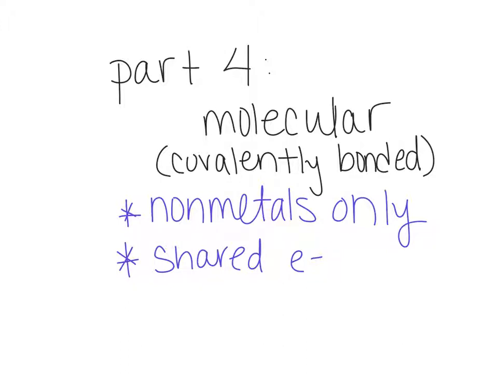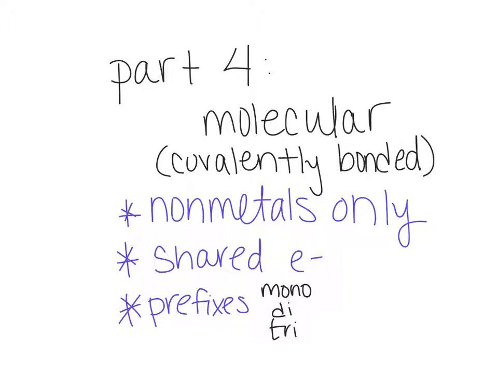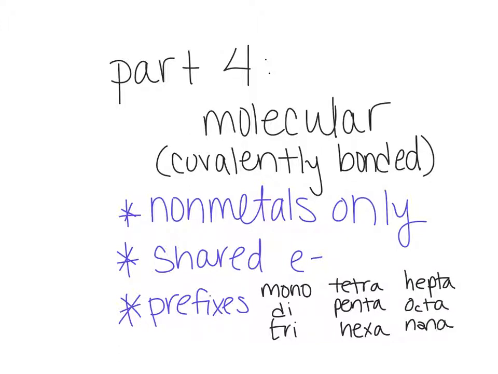Covalently bonded things are going to be named using prefixes. So one important thing that you got to be able to do is know all your prefixes. So just to have them written down, we're going to be using mono for 1, di for 2, tri for 3, tetra for 4, penta for 5, hexa for 6, hepta for 7, octa for 8, nona for 9, and then deca for 10.